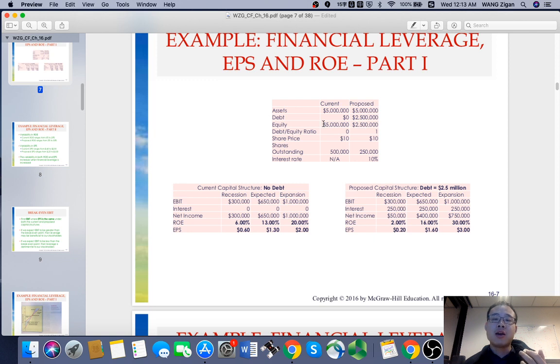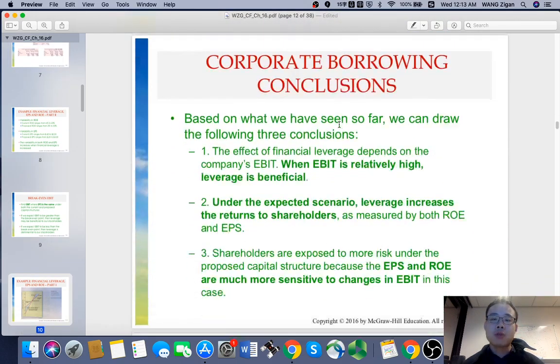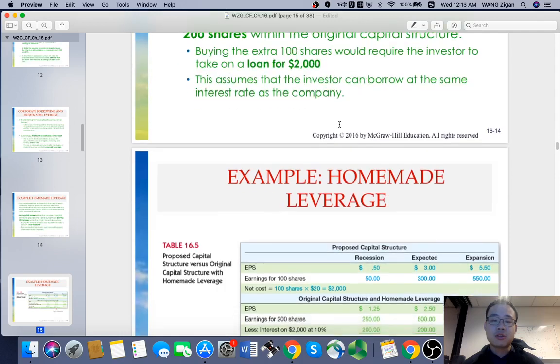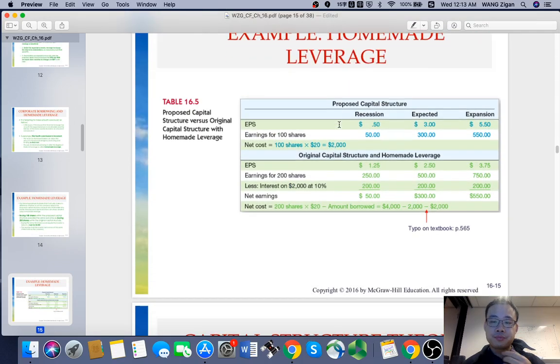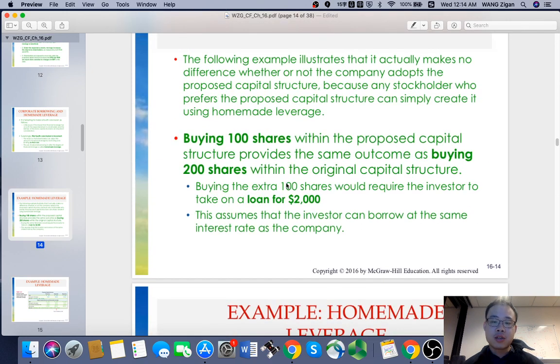So I can buy all of the equity under this current structure. So for the shareholder, it's the same. I still have the risk of the firm owner. It's essentially the same, and the net earnings will be the same. So this is the idea of the homemade leverage.